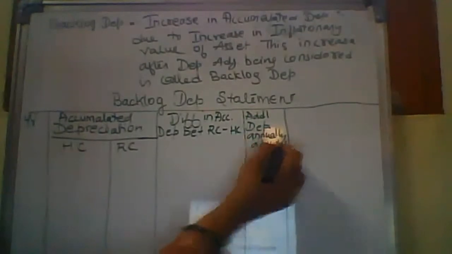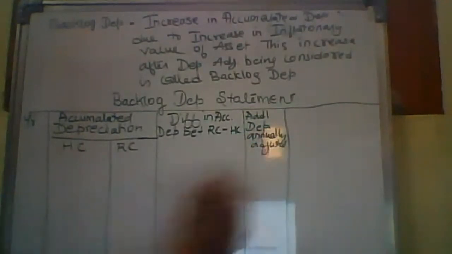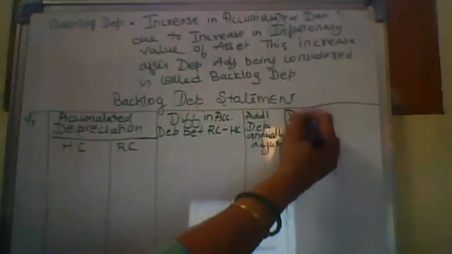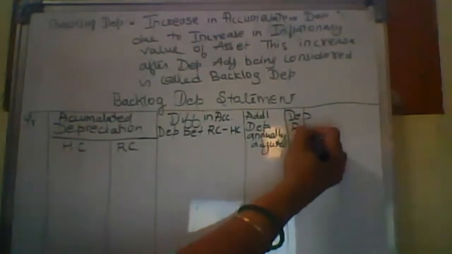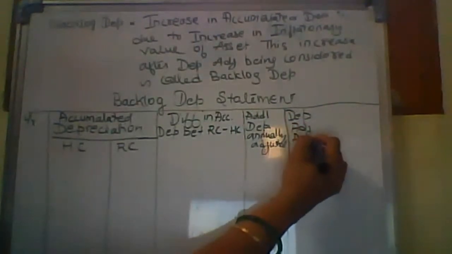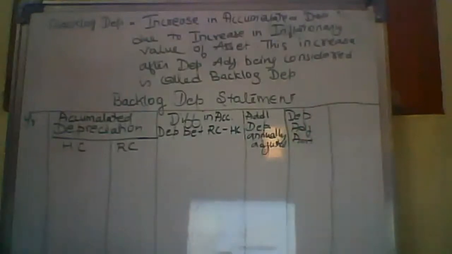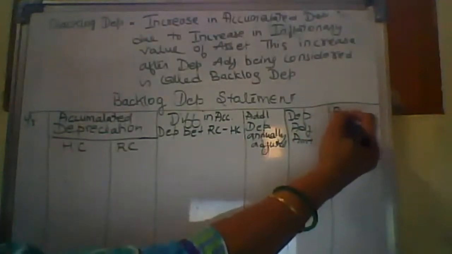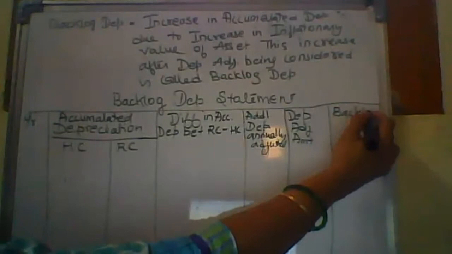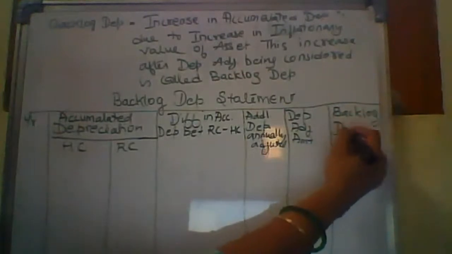Next, what is the depreciation already adjusted? Next, how much is the depreciation yet to be adjusted?